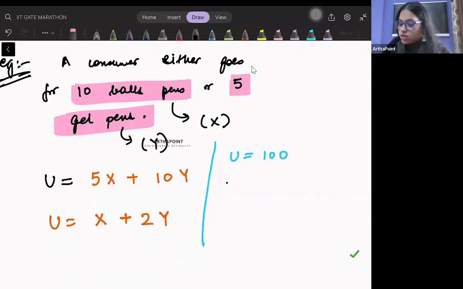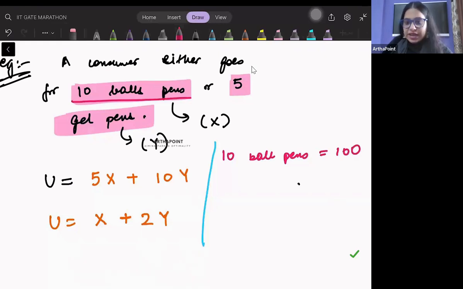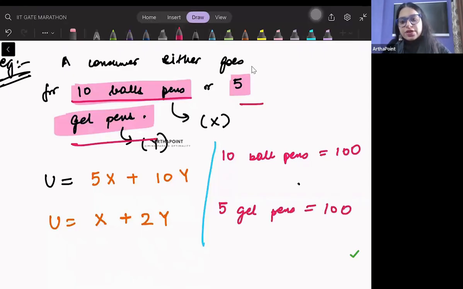So I would need 10 ball pens, or let's reverse it. Sorry. Let me just reverse this concept. Utility को fix नहीं करते हैं. Let's say 10 ball pens give me a utility of 100. And I can either go for 10 ball pen or 5 gel pens. So 5 gel pens also give me a utility of 100.